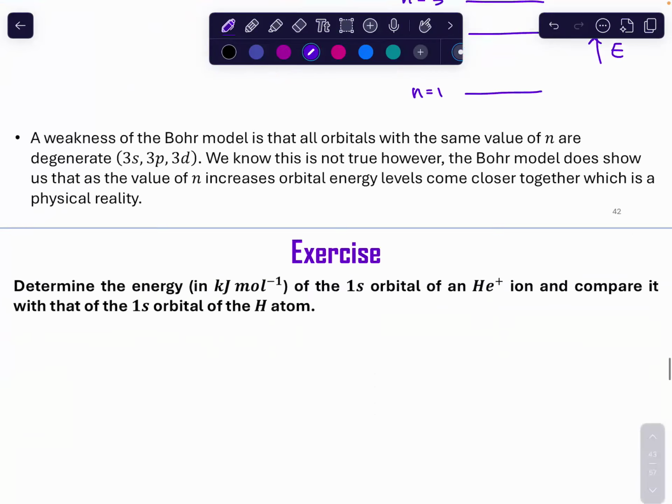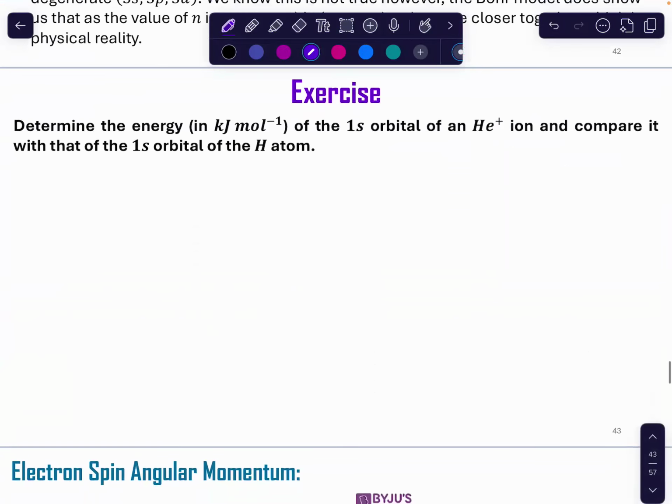Okay, so determine the energy of the 1s orbital of the helium plus ion and compare it with that of the 1s orbital of the H atom. Okay, so let's do the energy of our hydrogen, negative Z squared over n squared times k. So for hydrogen, Z equals 1. So that's negative 1 squared over n equals 1 squared.